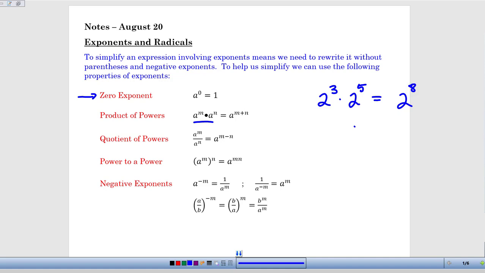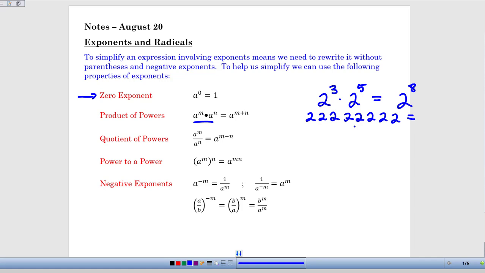The reason the base stays the same is, if we were to write this out the long way, this would be a series of 3 2's multiplying each other, and here would be another 5 2's. So we can pretty easily see that we can combine that into 2, the same number, being raised to the 8th power. So that's why we add the exponents.